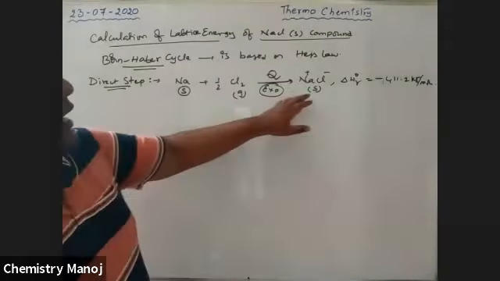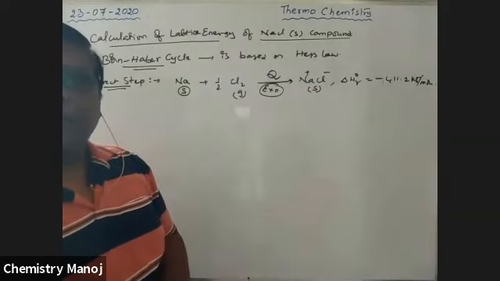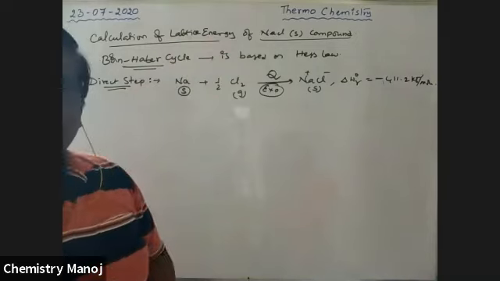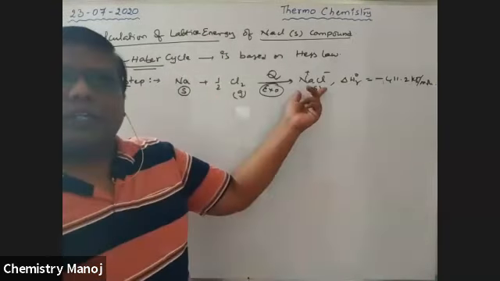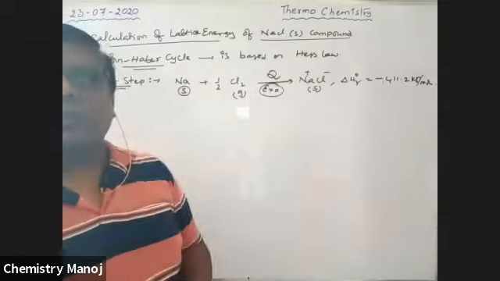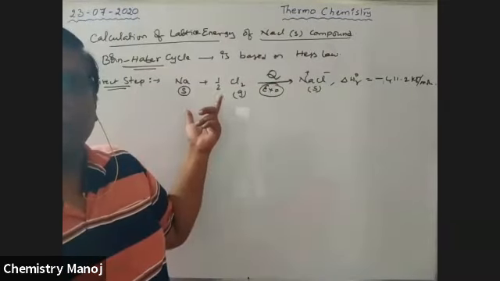So that is right for calculating NaCl. But now I am going to calculate lattice energy. Lattice energy means the energy for forming an ionic compound from its ions, not from elements and not from compounds.